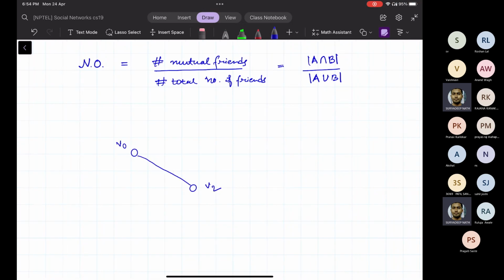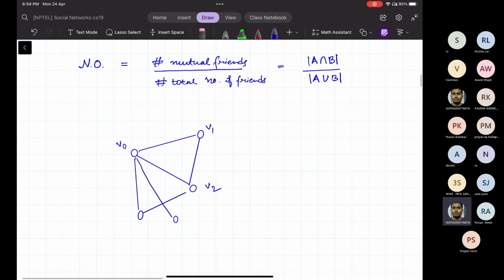So you have this edge, and they have this mutual friend, say V1.